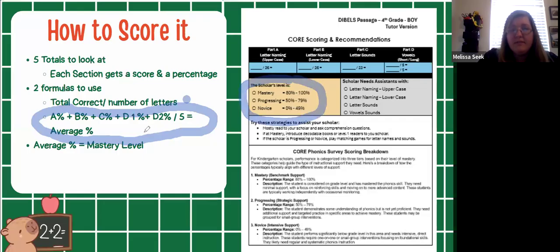So you're going to add up all the percentages and divide them by 5, which I think I'm going to edit to put on this so that you have that on your paper. That's going to give you the percentage that you're going to check off for if they've mastered their alphabet skills, if they're still progressing in their alphabet skills, or if they're really just learning their alphabet skills. So that average percentage is what their mastery level is going to be.